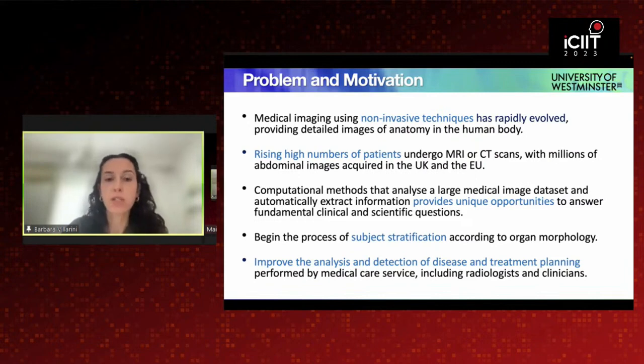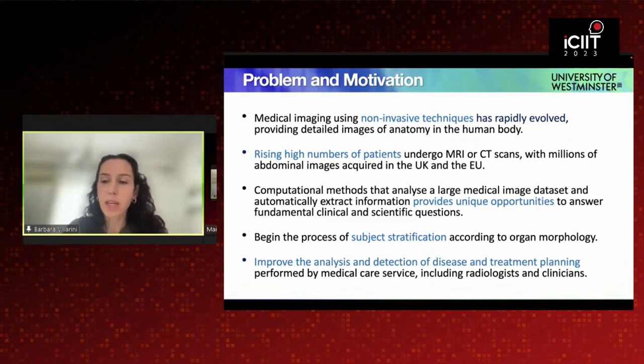Imagine that someone needs to go through all these slices, and when you undergo an MRI scan, you have to think that an MRI scan has hundreds of images. So this work from the point of view of a person is quite difficult, it's not really feasible. So that's why we are using computational methods. Computational methods are able to automatically analyze a large medical data set.